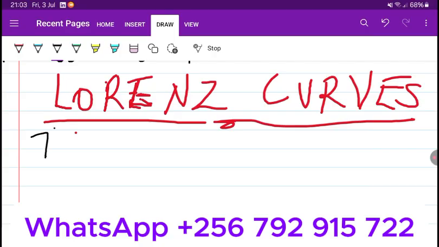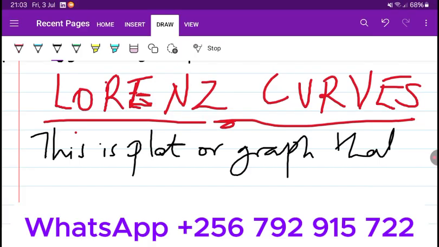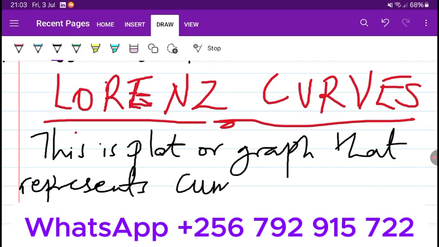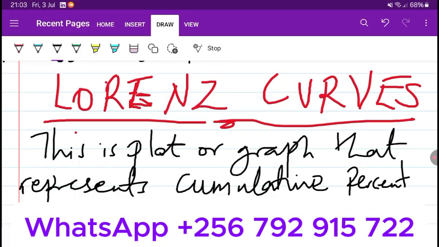Of course, the Lorenz curve is a graph, a plot that represents cumulative percentage frequency against the cumulative percentage class totals.